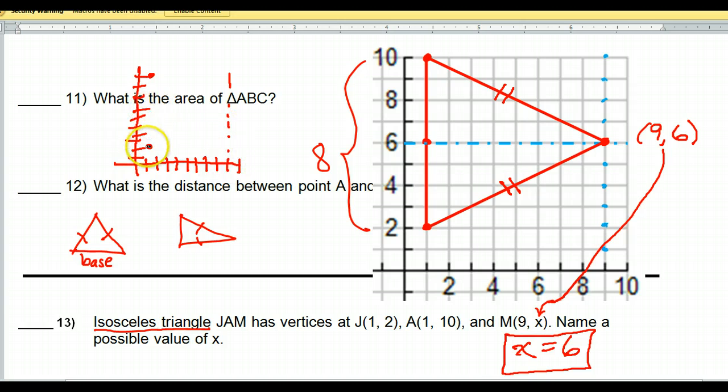So the middle must be halfway, so 1, 2, 3, 4. The middle must be here at 6. So you could do the exact same thing and figure out that to make an isosceles triangle, this would have to be, remember this is 9, so that would be (9, 6).